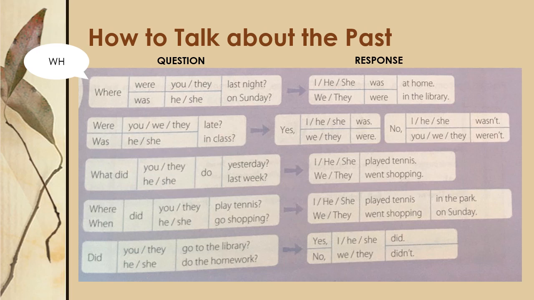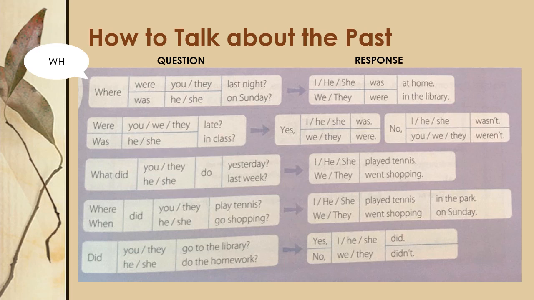Do you remember what WH questions are? They are where, what, when, who, why, how. So those are the WH questions because they are grouped together because they are asking for specific information. So that's one kind of conversation.